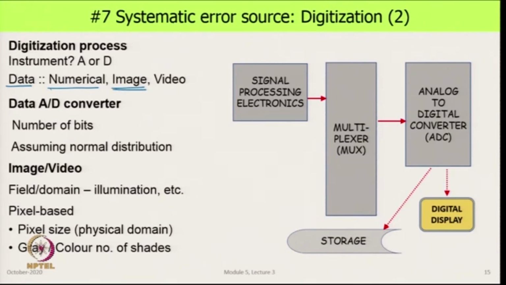For example, if we want to take the size of something, we take a photograph, and from that photograph we try to interpret its size. Or video, which is nothing but a lot of images in a time sequence, and we say that in this frame of the video this particular object was at this position, it has moved, and in the next frame the object is at some other position. I will want to analyze these frames and calculate velocity, acceleration, position, size, so many other things.